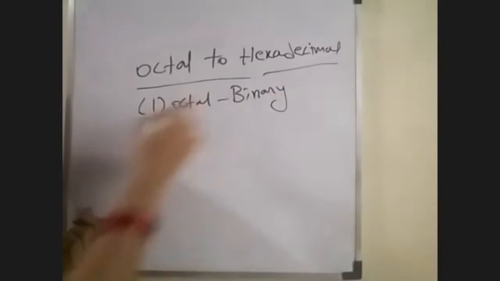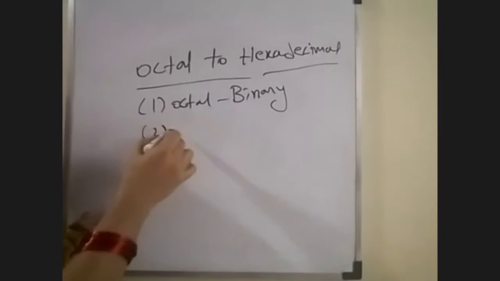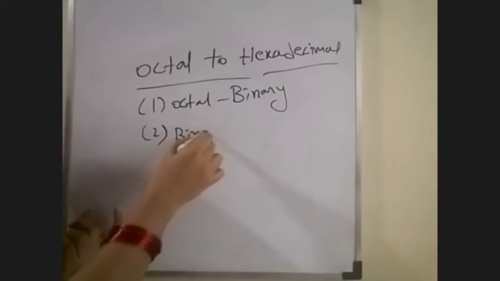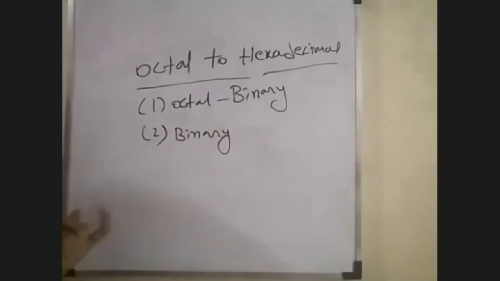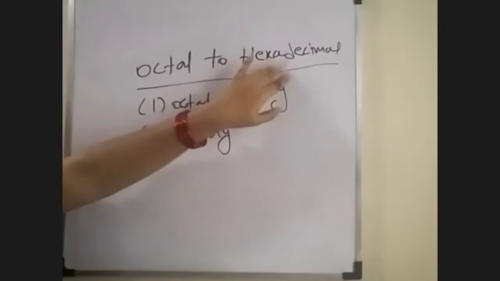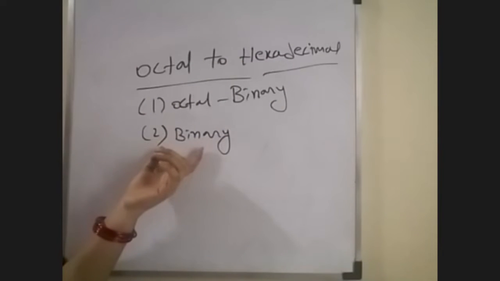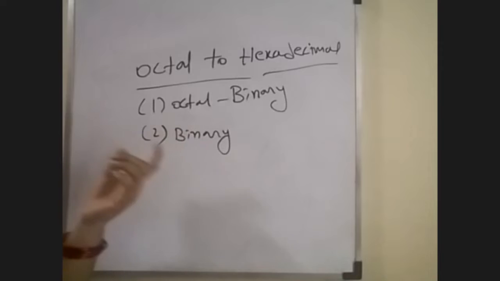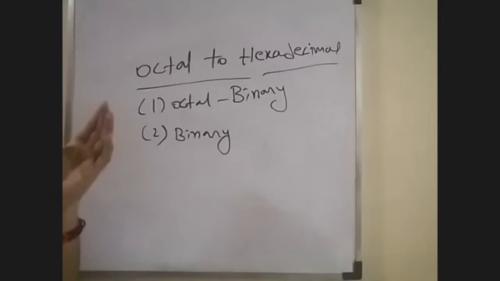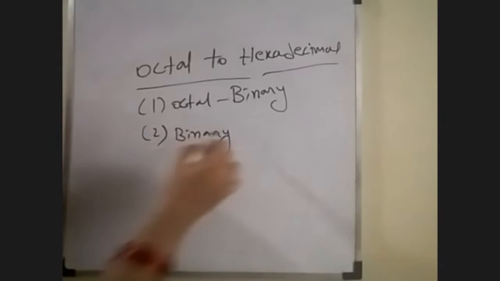The second step is, from that binary number, you divide into groups of four bits. Why? Because in hexadecimal, every digit is represented by 4 bits. So that binary number you divide into groups of 4 bits and write its equivalent hexadecimal value.